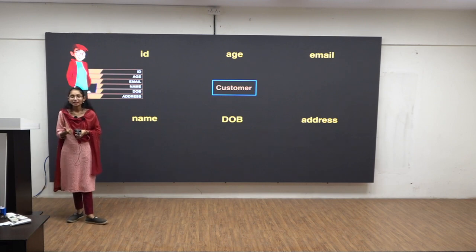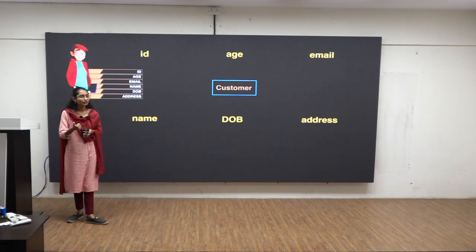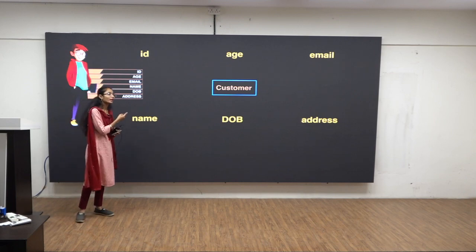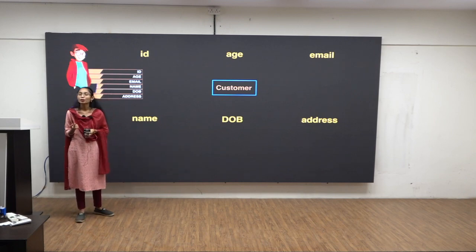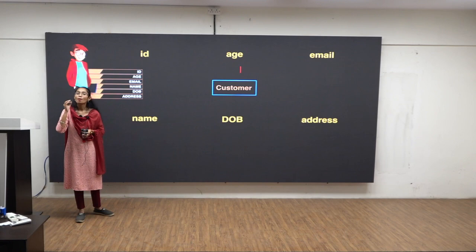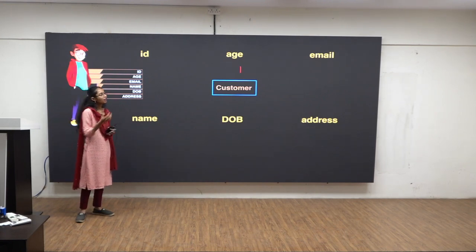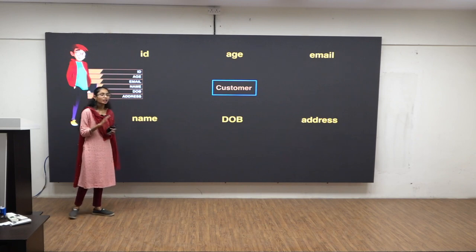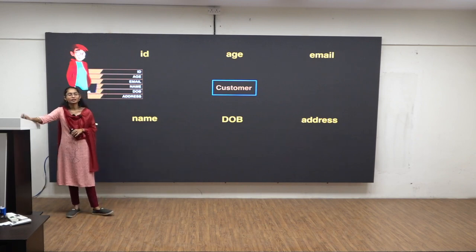An entity is one real-world object and it is represented by a rectangle. An attribute is one property that describes your entity. Examples: ID, name, age, gender. We can give any representation that we want.